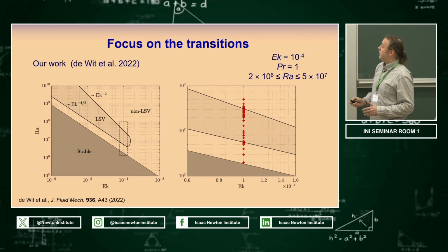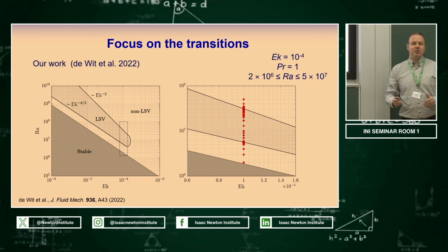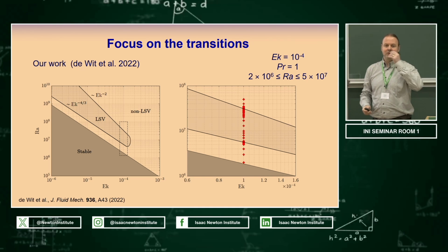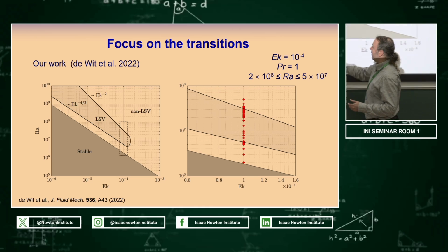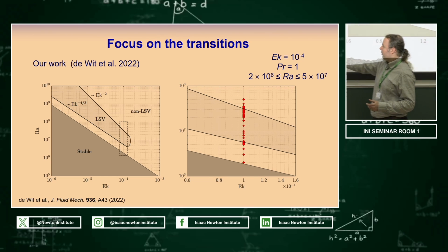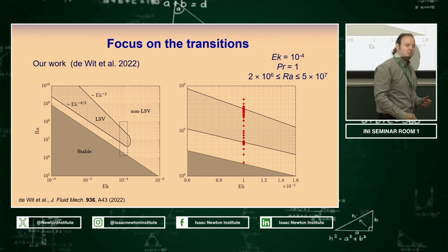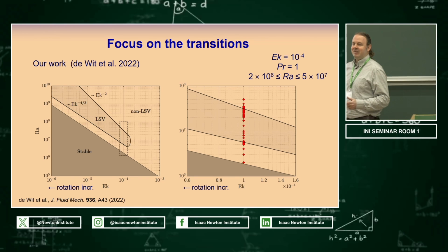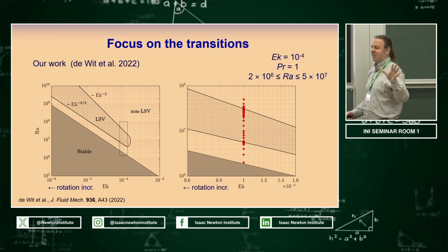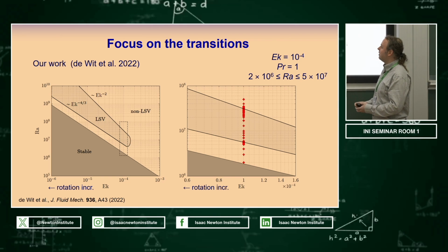Then we came in; this is work done mostly by Xander de Wit, who is also in the audience. We took the same parameter space, now in terms of Ekman number, so I apologize: now rotation increases to the left. The language of choice keeps changing a bit throughout in this field.